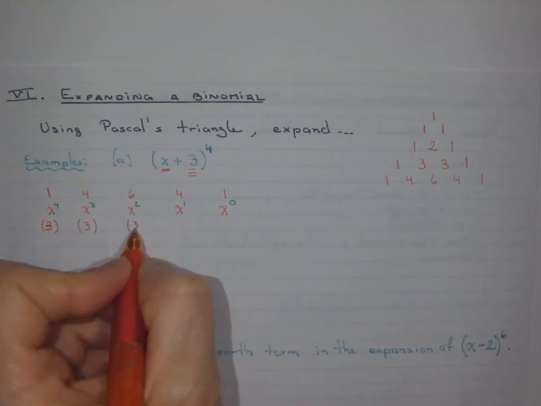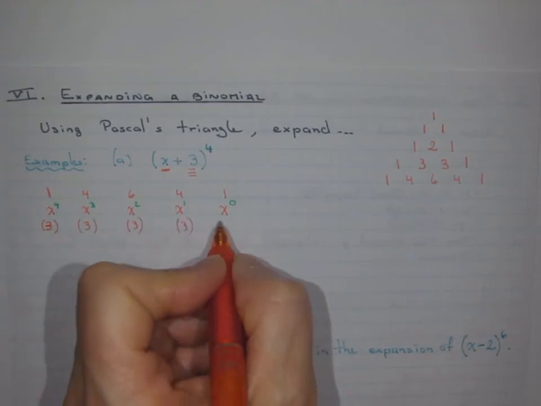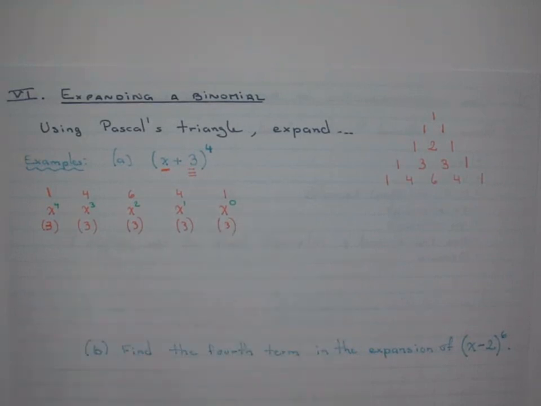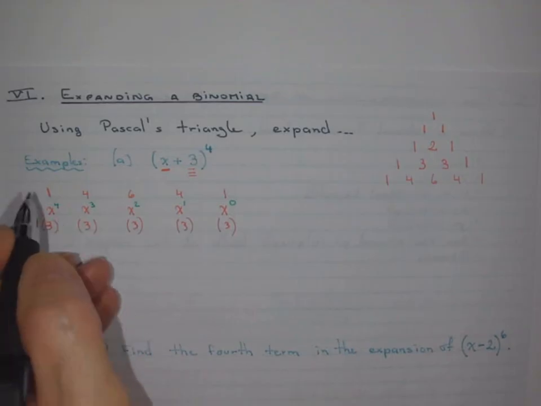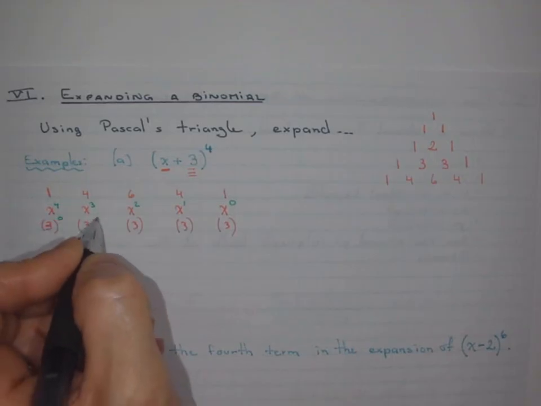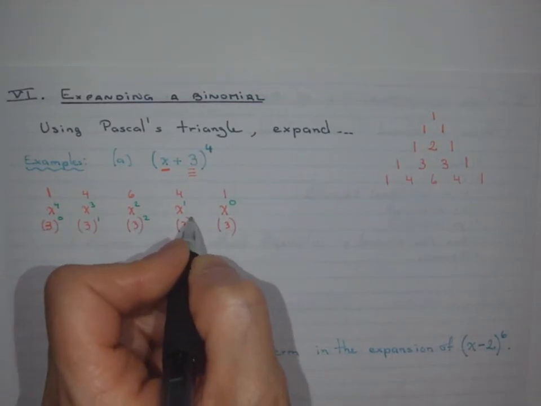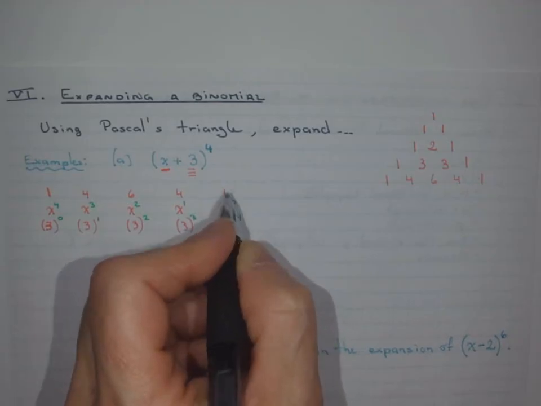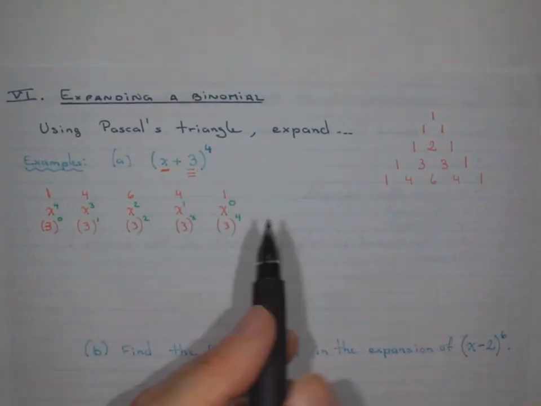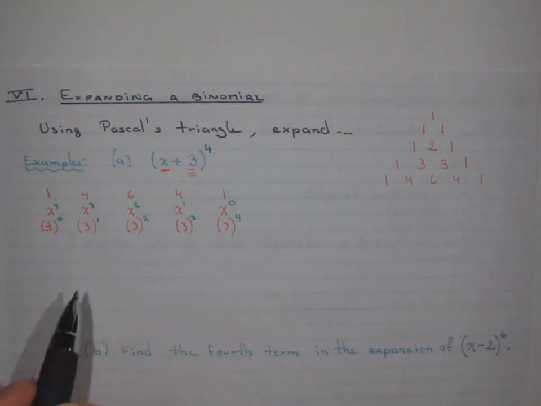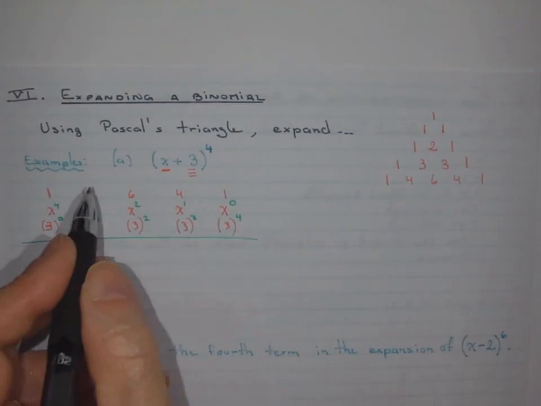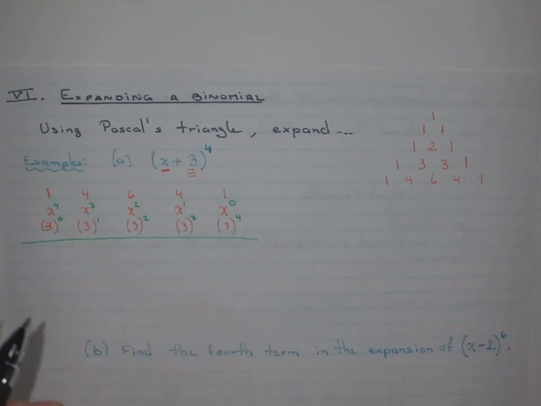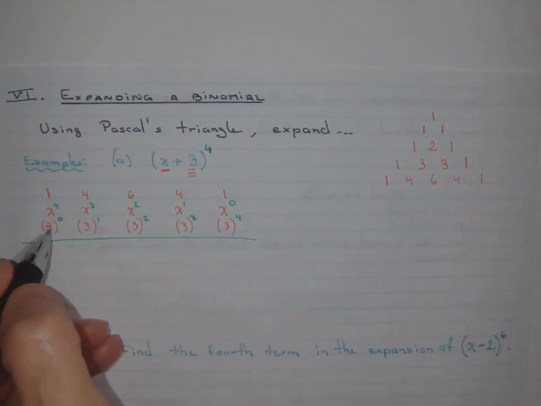No, we don't, but if this would be negative, we definitely would need it. So I'm just demonstrating that it's probably safer. And then backwards, right here I'm starting with 0 and I'm counting up, and if I do it right, I better end up with the exponent I have for my binomial, right? 4. And now at that point, I'm just going to multiply all of those straight down, and that will be my expansion, right? So 3 to the 0 power is just going to be a 1.